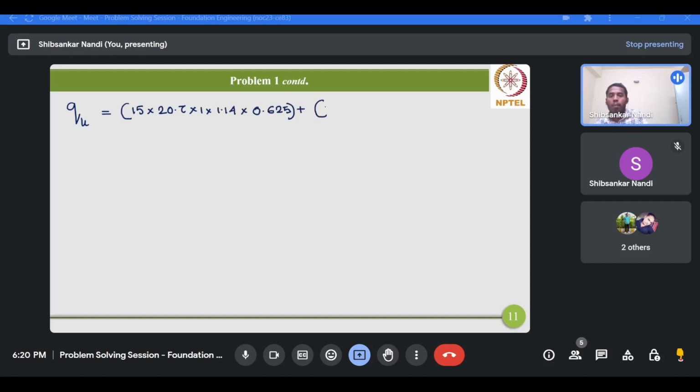Okay, next gamma DF, gamma is your 17, DF is your 1, then NQ, NQ value is your 10.7, then SQ 1, DQ is your 1.07, then IQ 0.625, and finally 0.5 gamma 17, B prime is your 2.16, N gamma 6.8, S gamma 1, D gamma 1.07, and I gamma is your 0.06. Okay, so please calculate.